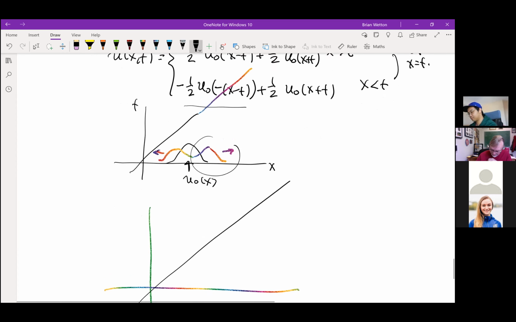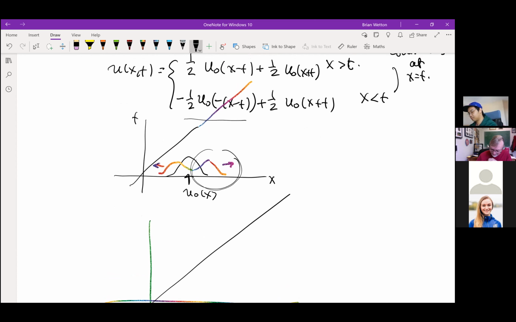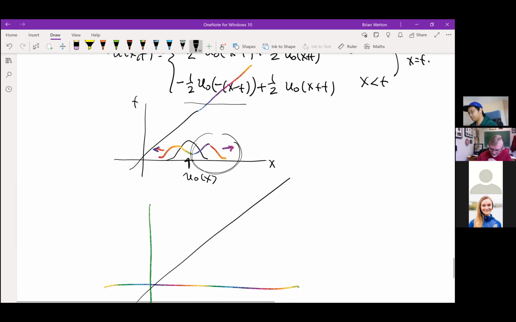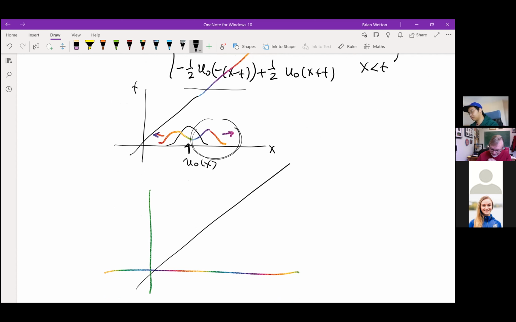On this picture, this guy has disappeared off the scene once I've gotten really late. But it's replaced by something that looks like this inverted thing moving forward. So that's what this term is. This is this thing here hitting the wall and returning, but inverted.